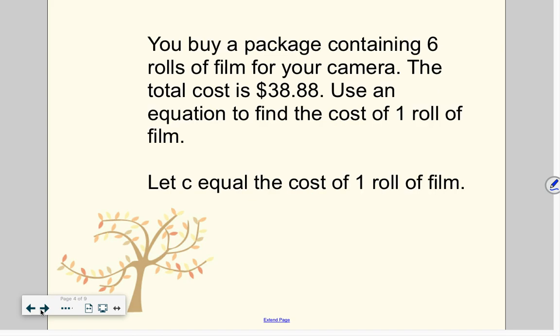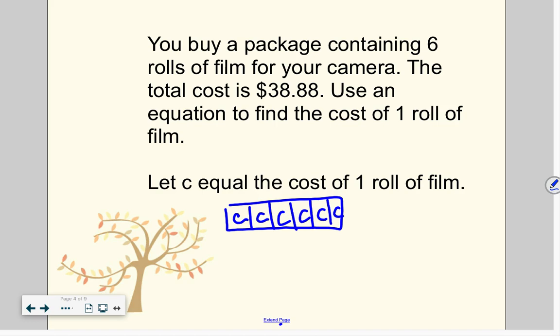Story problem. You buy a package containing 6 rolls of film for your camera. The total cost is $38.88. Use an equation to find the total cost of 1 roll of film. Let C equal the cost of 1 roll of film. So here is my package of film.